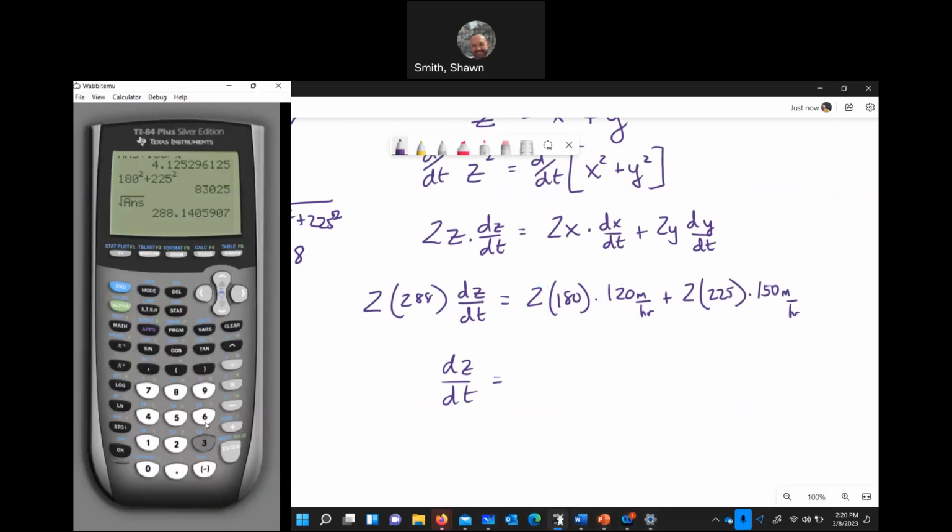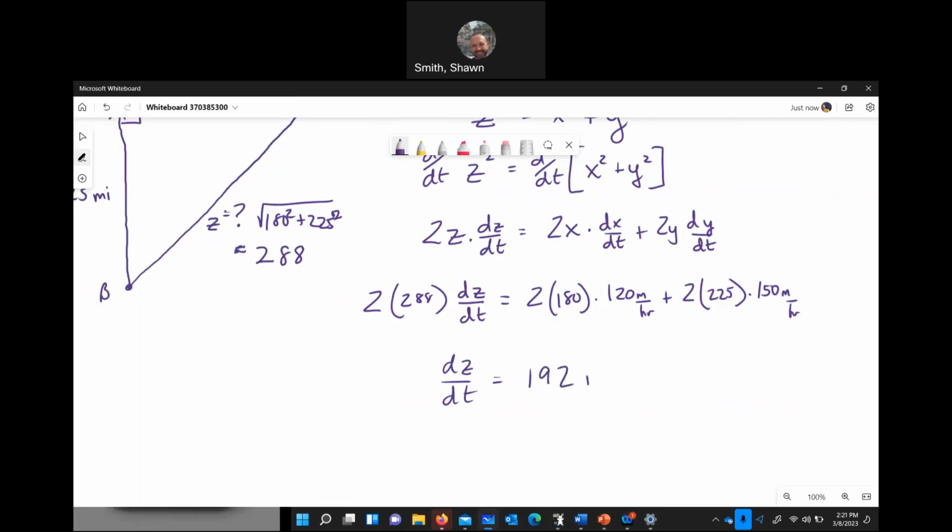So that's 360 times 120 plus 450 times 150, divided by 2 times 288. It is 192 miles per hour.